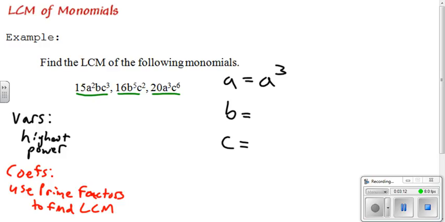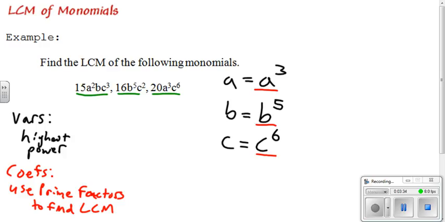That's our highest power. For our b, we have b to the 1, b to the 5, and b to the 0. So we're going to use b to the 5. And for c, we have c cubed, c squared, and c to the 6. So we'll be using c to the 6th power. So these are going to be the variable parts of the least common denominator.